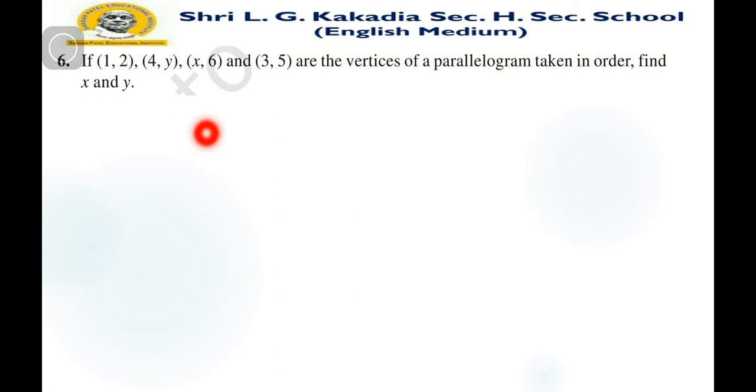We have discussed in a previous lecture that in a parallelogram, both the diagonals bisect each other. We can say that the diagonals are bisectors of each other.